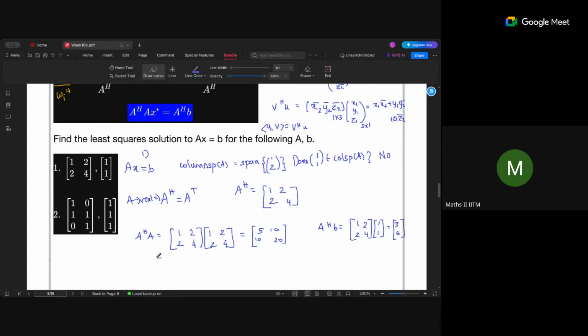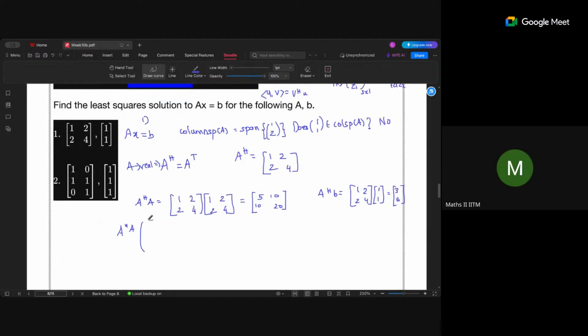So now AH A times x1 star, x2 star equals 3, 6. This gives you 5x1 star plus 10x2 star equal to 3, and then 10x1 star plus 20x2 star equal to 6. The second equation is just a multiple of the first.